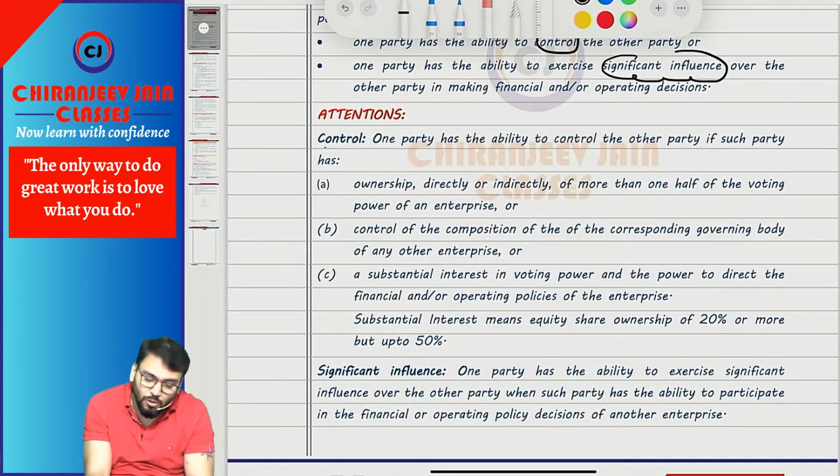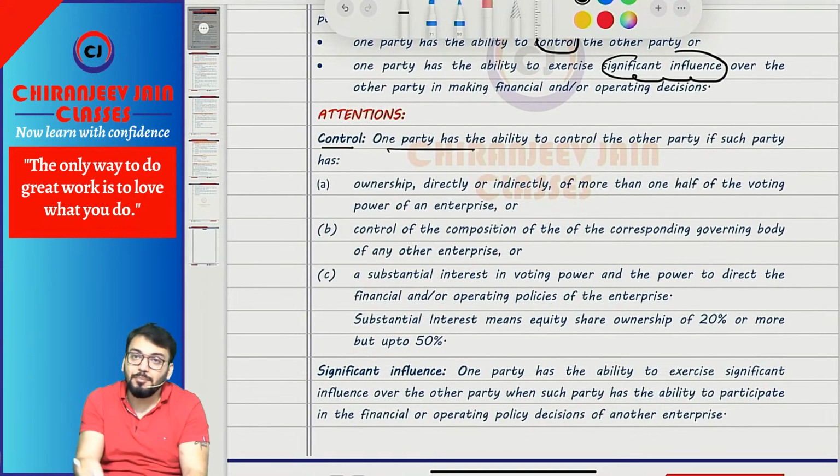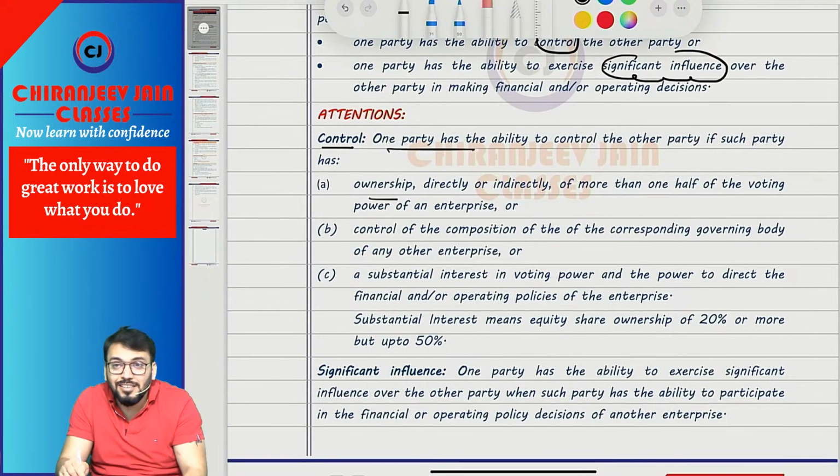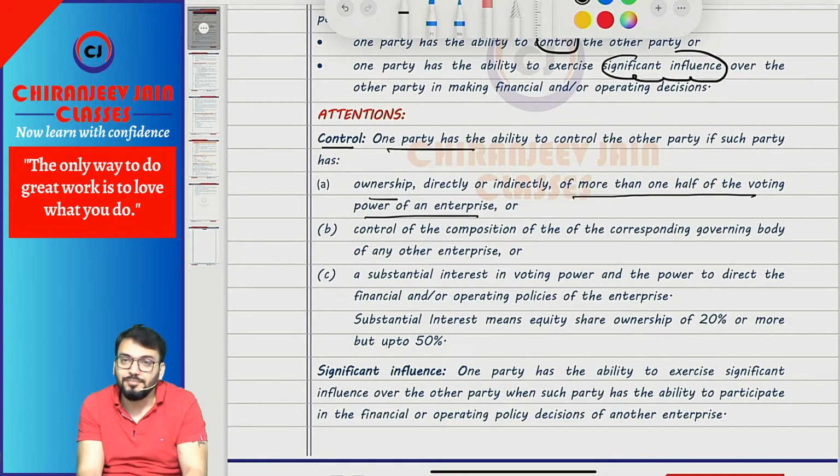Now, of course, control: one party has the ability to control the other party if such party has ownership, directly or indirectly, of more than 50% of the voting power of the entity, or has control over the composition of the governing body of the other entity.